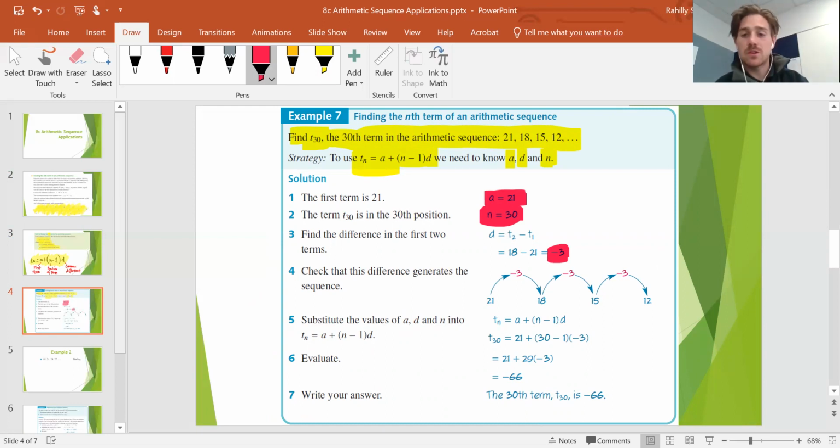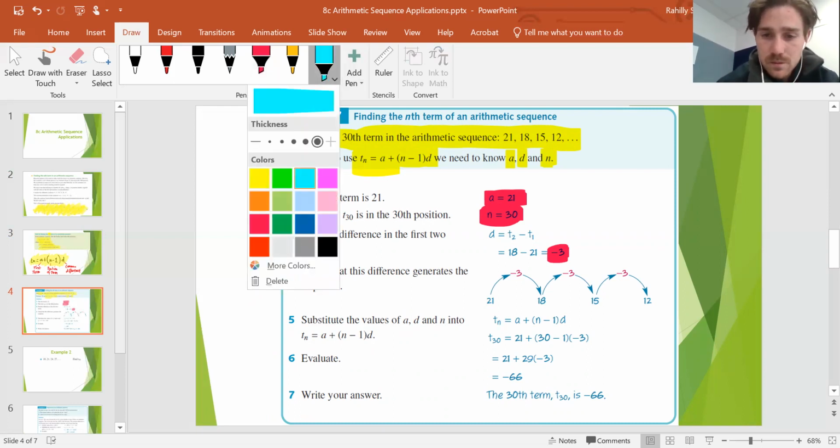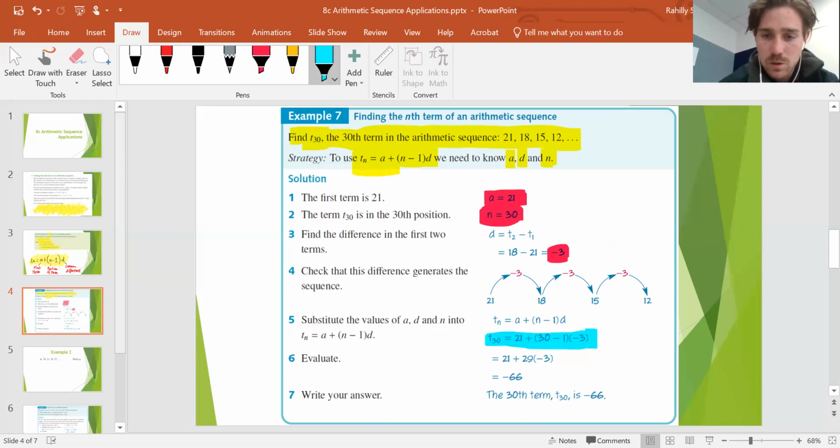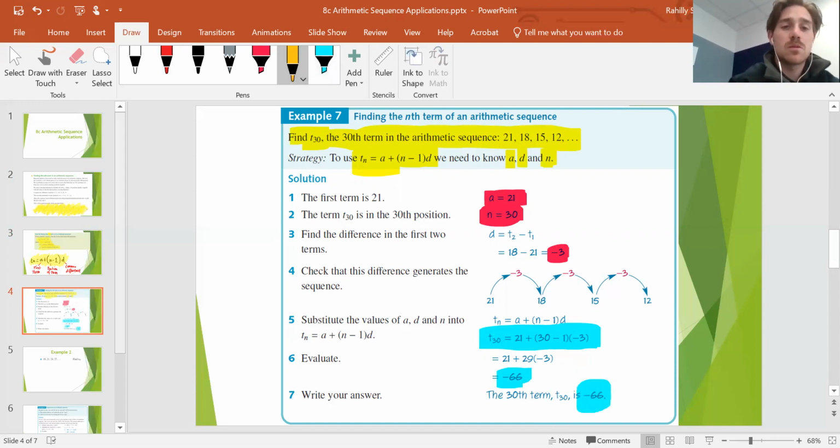Okay, then all you're going to do is substitute it into that formula, which is what they've done here. T30 equals 21 plus 30 take away 1 multiplied by -3. And then you work that out on your calculator. The 30th term is -66. Now, there's just a couple of things I want to point out here.